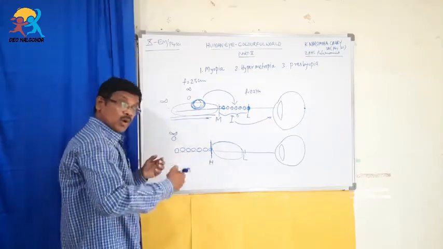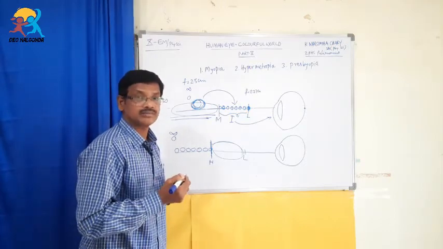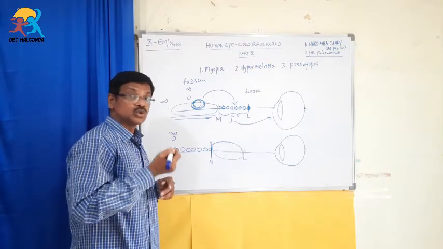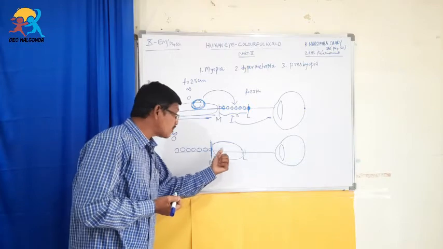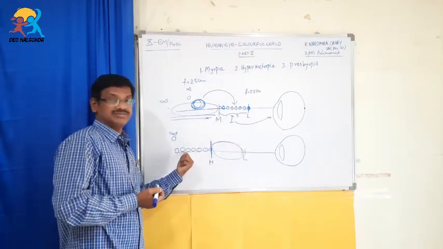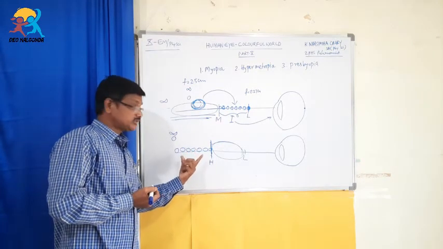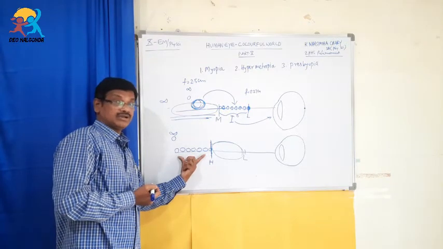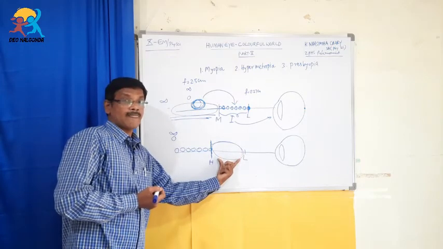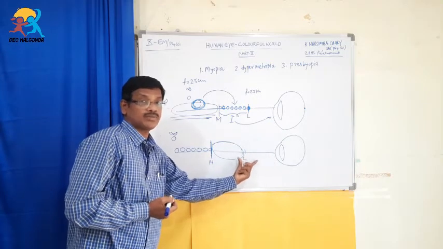So, now how to correct this hypermetropia? To correct this hypermetropia, we use a lens to get the image of the object between H and L beyond H, because, children, you understand clearly that we are able to see the object kept in this region very clearly, whereas the object in this region is not seen by hypermetropia people.